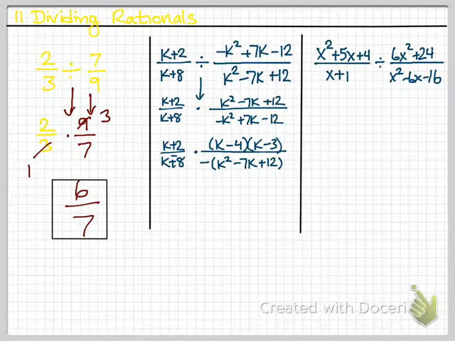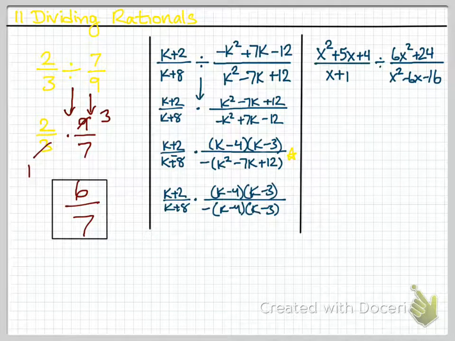Take a look at what has happened, and pause here if you need to. We take out negative 1, and all the signs of the three terms, negative k squared, plus 7k, and negative 12, change to the opposite sign. And then we factor what's left. The k squared minus 7k plus 12 becomes k minus 4 and k minus 3.